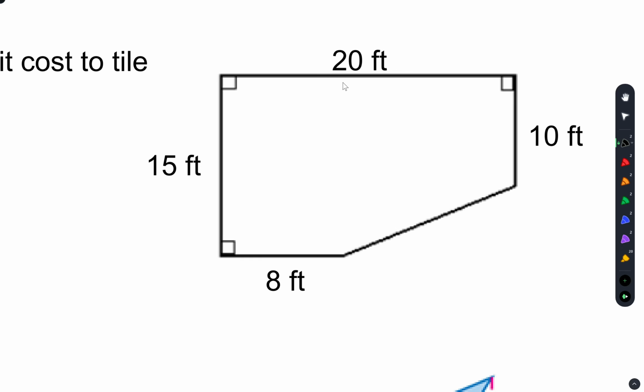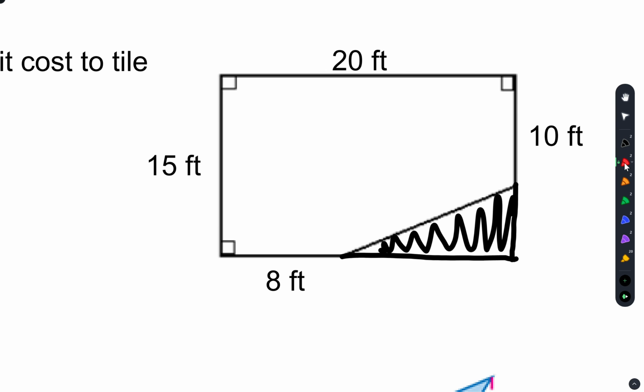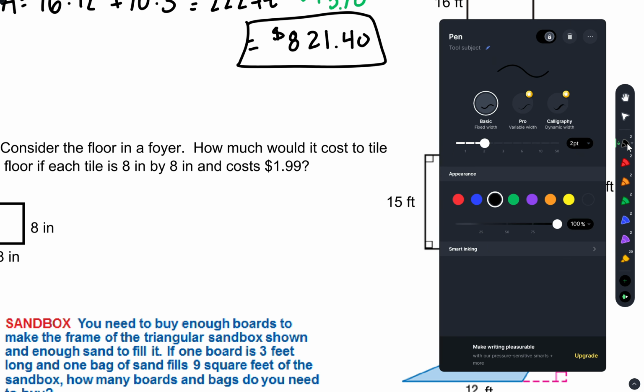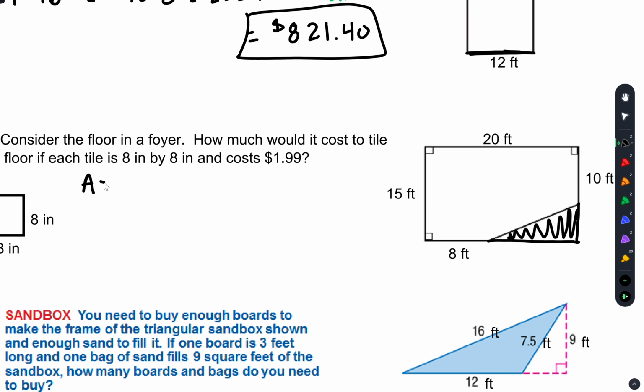And instead of cutting it like here to get a trapezoid, I'm going to say this is one full rectangle, and I'm going to subtract away this part. There are so many different ways that we can do this, so if you don't like this way, that's okay. Just find your area however you like to find area.